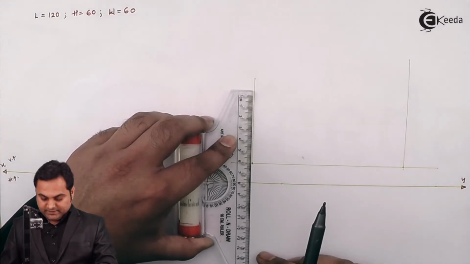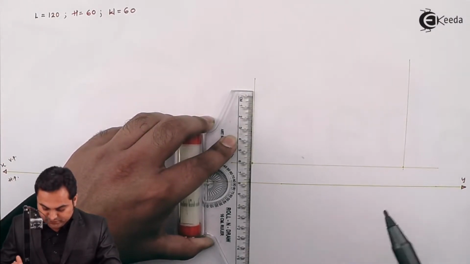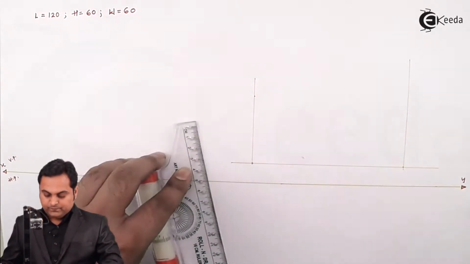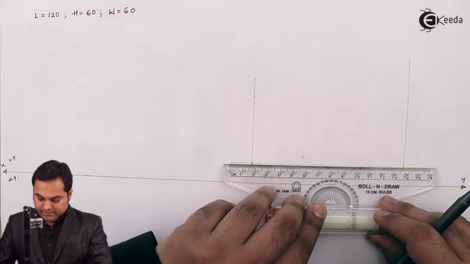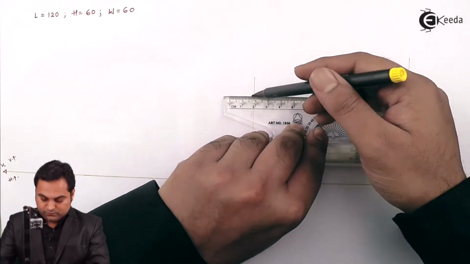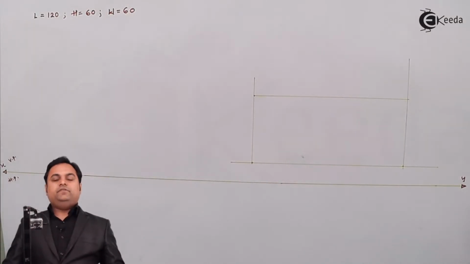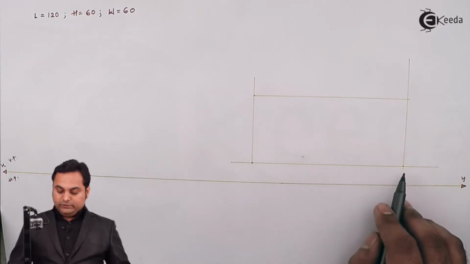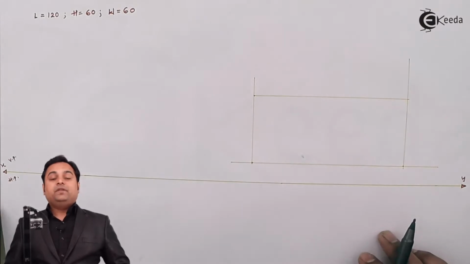Then since the height is 60, I am marking over this vertical line. Drawing parallel horizontal line. So here we have a box or a rectangle of length 120 and height 60.